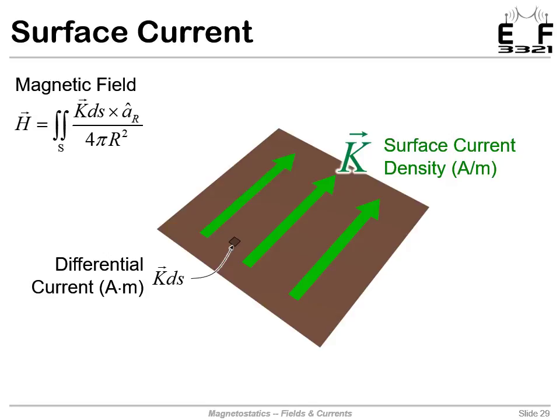What's interesting is our differential current for a line current also had units of amp meters. So when we want to calculate the total magnetic field outside of a surface current, we now integrate over the surface. And we have a slightly different form of the Biot-Savart law here, where we're integrating the surface current version that we talked about previously.